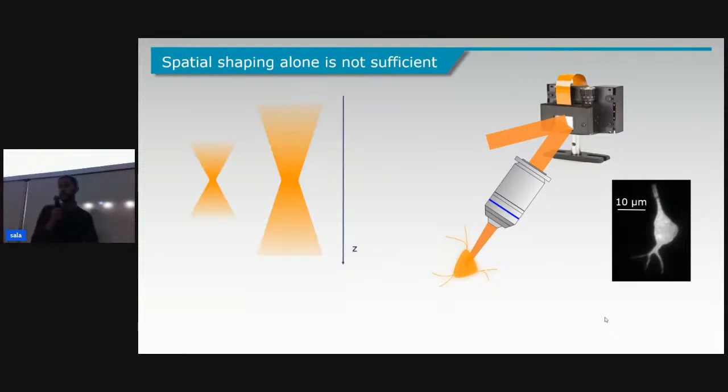The bigger the lateral extent of the shape that you want to make, the lower the axial resolution, the lower the axial confinement. If you start off with a very small diffraction-limited spot at the sample plane, and you go to something which has the size of a neuron, which is 10 to 20 microns, then you lose axial resolution.